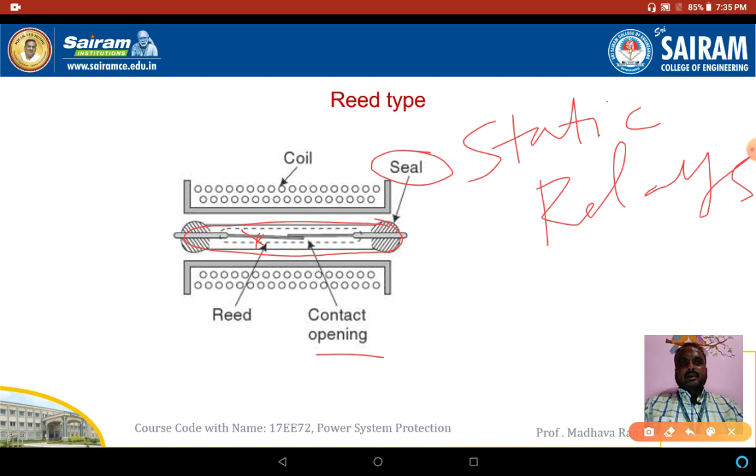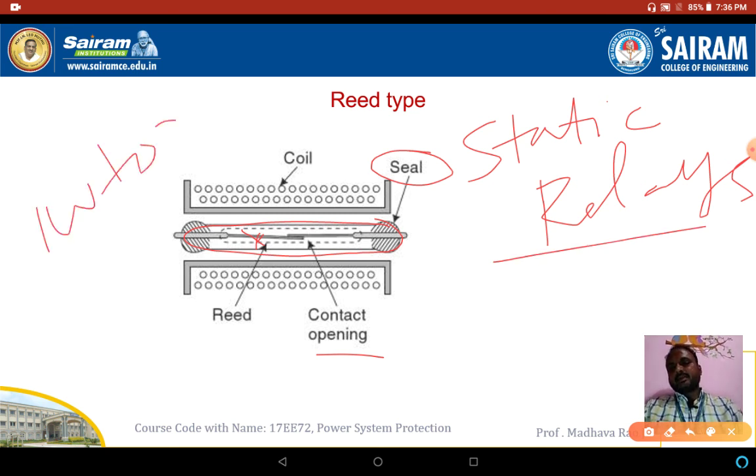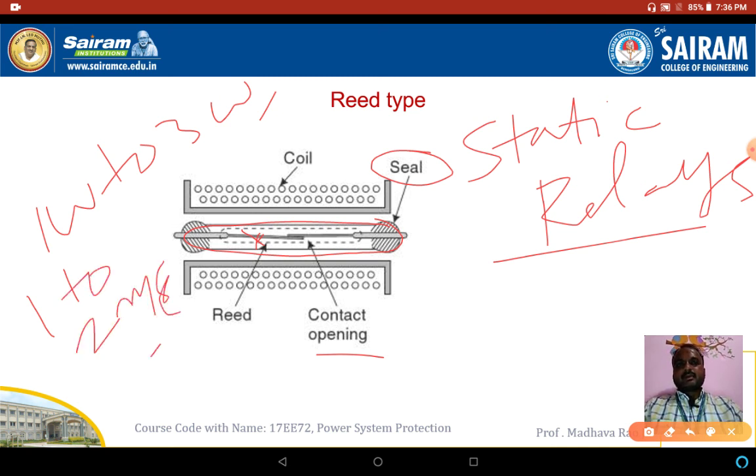Next, the sensitivity and operating time. The sensitivity of the relay is 1 watt to 3 watt, and the operating time is 1 millisecond to 2 milliseconds. They are completely bounce free.